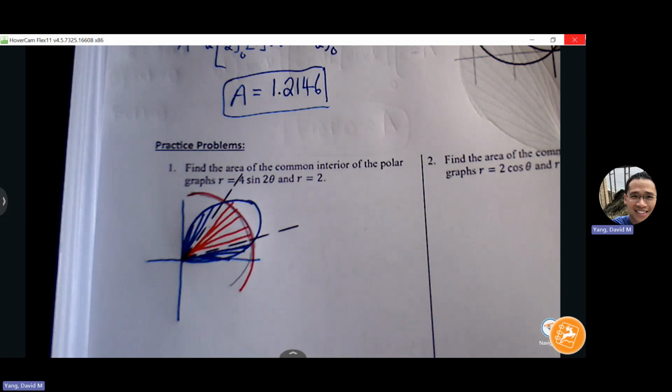And then from this intersection to wherever the rose curve hits is going to be that last portion. And then after we find the area of this, we'll multiply it by 4 because we have 4 regions in each quadrant to worry about.